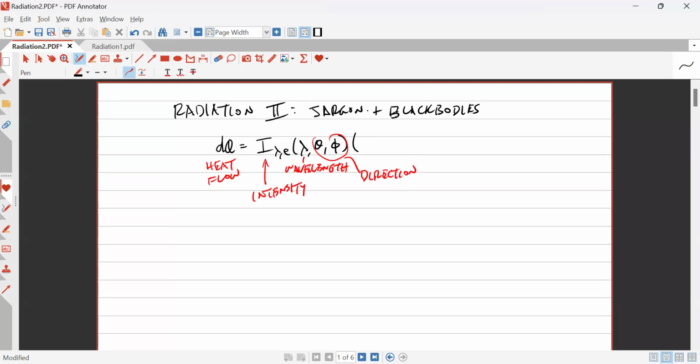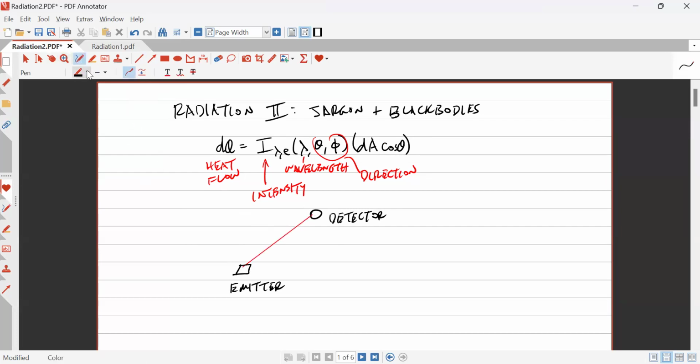Theta and phi is your direction. And the idea there is you had to take this but multiply it by the projected area, dA cosine theta. So if I were to draw this out here, say we have an emitter. And over here is a detector. If we draw a line between the emitter and the detector, we can fan it out a little bit.